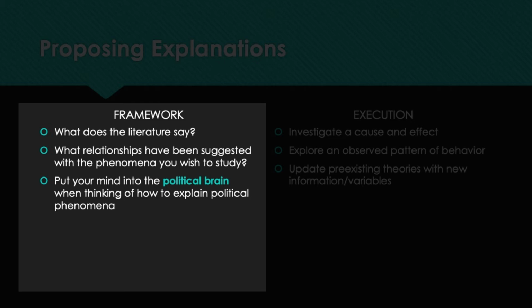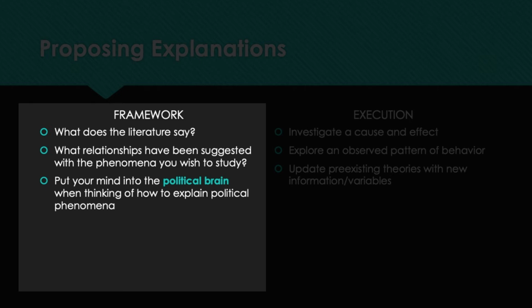So first, what does the literature say? Especially if this is a topic that you have no familiarity with, let's start with the literature and see what other studies have done and other findings and conclusions that those studies came to. If we want to understand how states may differ in their response to a public health crisis, well, let's look at the research that has investigated similar public health crises.